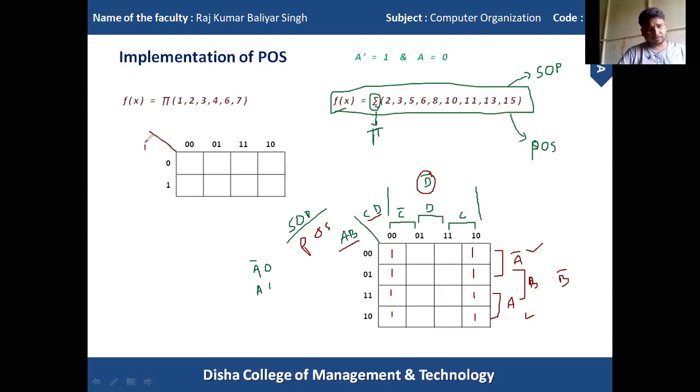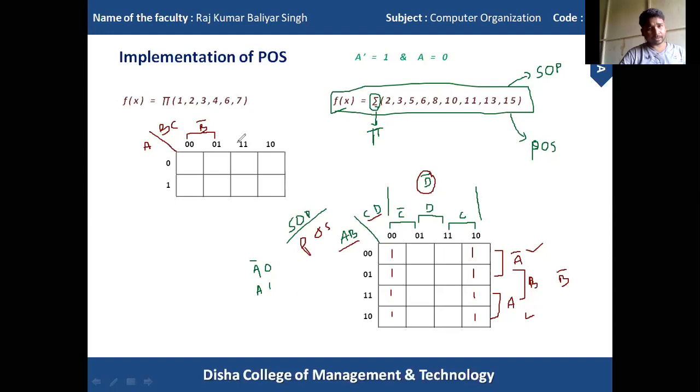Now, in a three variable K-map, what will happen? The row is represented with A and the columns are represented with B and C. That is 0 0, 0 1, 1 1, 1 0, and the rows are 0 and 1. Clear? Suppose it is SOP form, then we can combine these two cells. Same way we can combine these two cells. We get the common value here, 0 and 0, that is B naught.